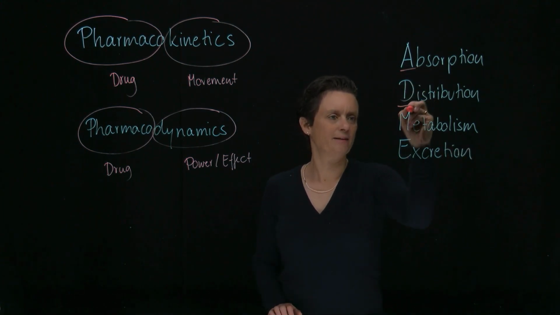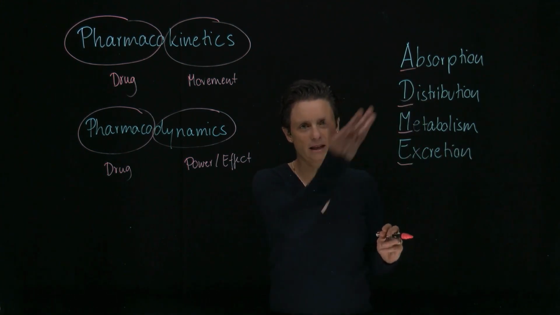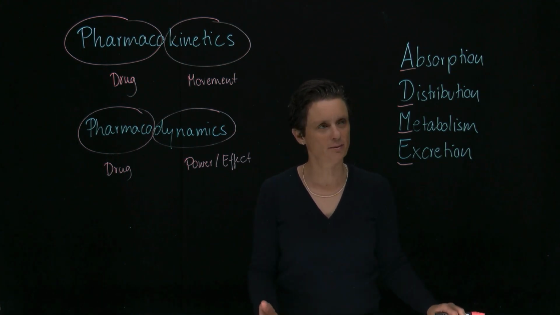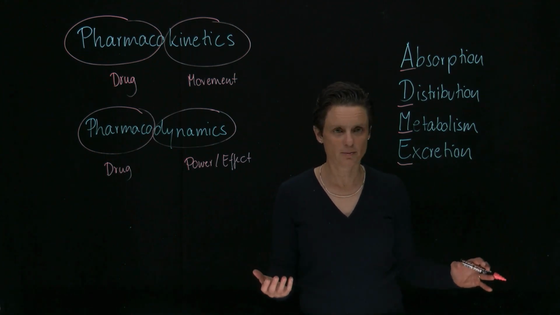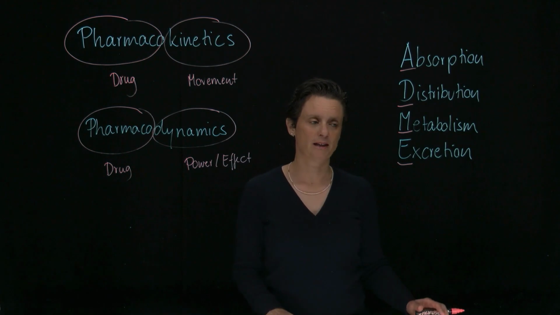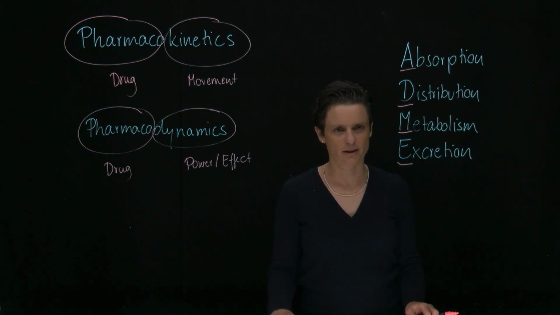And these are the ADMEs. Because if you think about it, that really describes how the drug is traveling through the body. First, the drug needs to be absorbed. Then it's going to be distributed in the body. The body's going to work on it. It's going to be metabolized. And then it's going to be excreted.